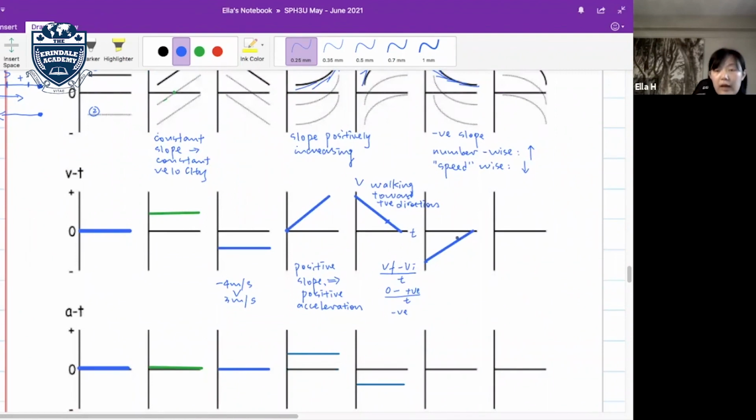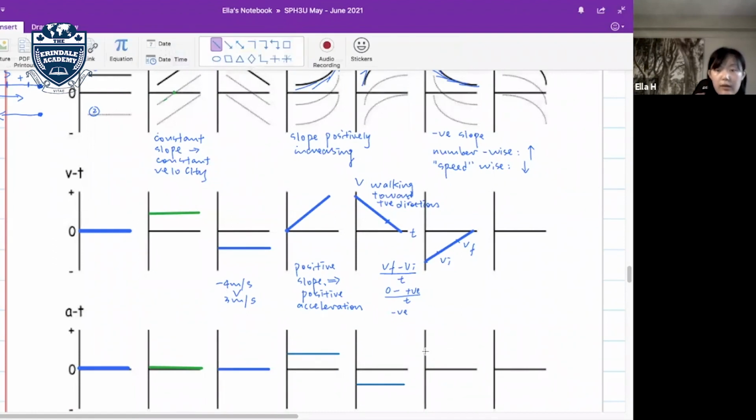I think you would have a positive acceleration, right? Let's say this is V final and this is V initial. So you have a less negative number minus a more negative number, which turns out to be positive. So actually you end up with a positive acceleration.